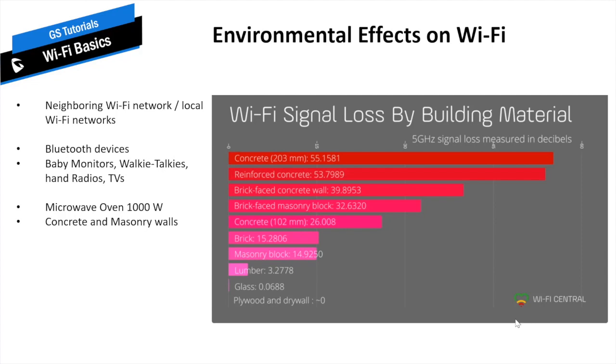So take into consideration that oftentimes you won't be looking at just a particular wall that's unidimensional, such as concrete. Oftentimes that concrete's going to have rebar, or maybe that wood plywood wall that we think is just drywall and plywood might actually have chicken wire behind it, which will limit those stable internet speeds. We'll be getting more into reading decibel levels and troubleshooting Wi-Fi speeds in a later video.